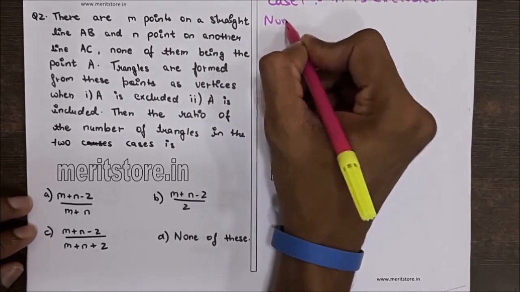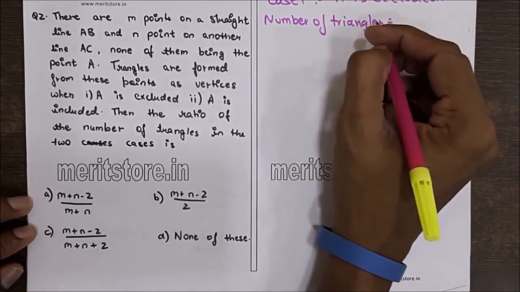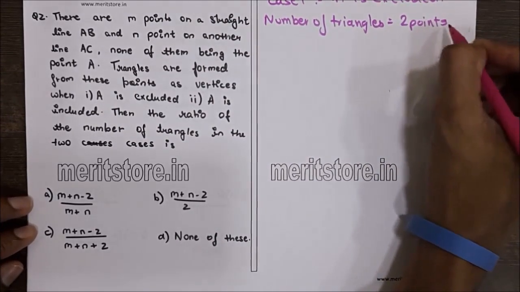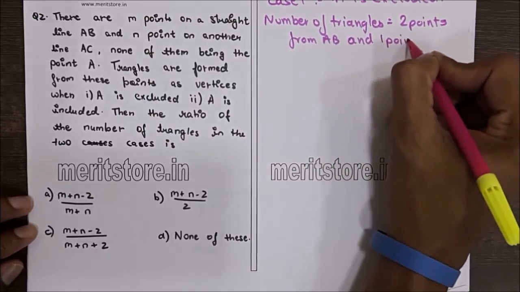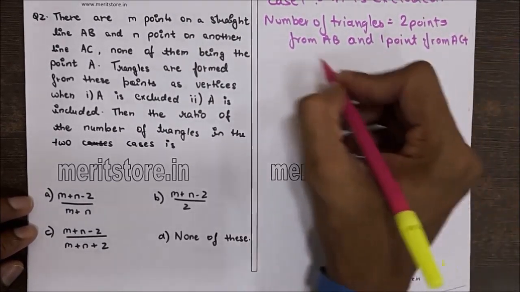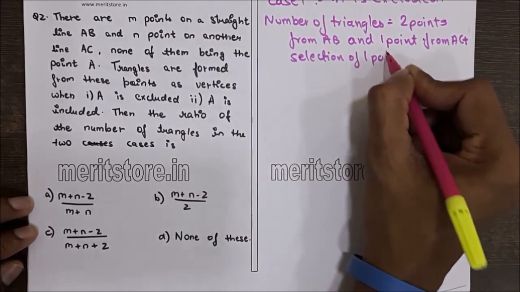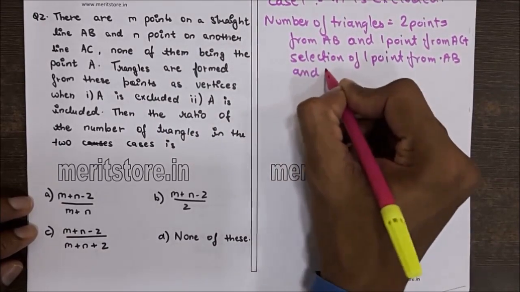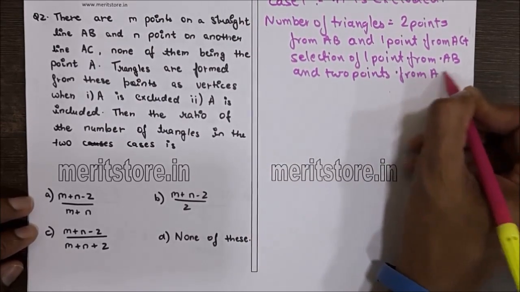So the number of triangles will be equal to selection of 2 points from AB and 1 point from AC, plus selection of 1 point from AB and 2 points from AC.